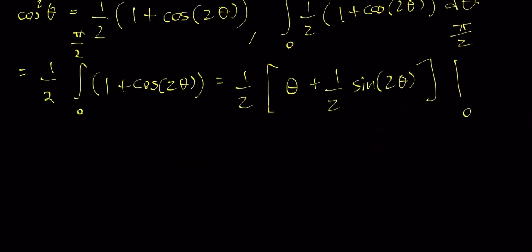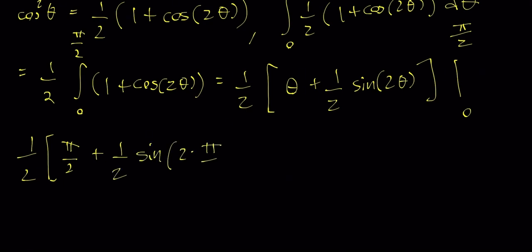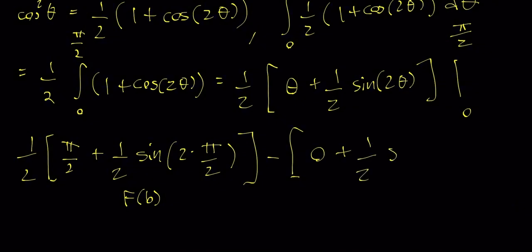Evaluating at those endpoints, we have 1/2 times pi over 2 plus 1/2 sine of 2 times pi over 2. That's the f of b term, minus the f of a term, which is 0 plus 1/2 the sine of 2 times 0.